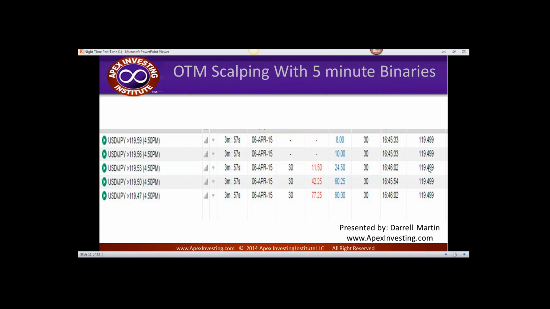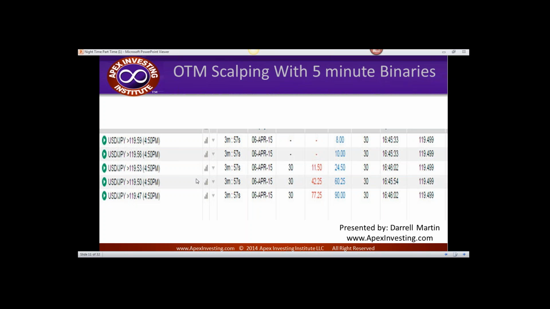For the dollar yen, it's these first two, like 119.49. So I want you to look at this strike right here, 119.53. This is a 5-minute binary contract. It opened up at 4:45, and it's going to expire at 4:50.